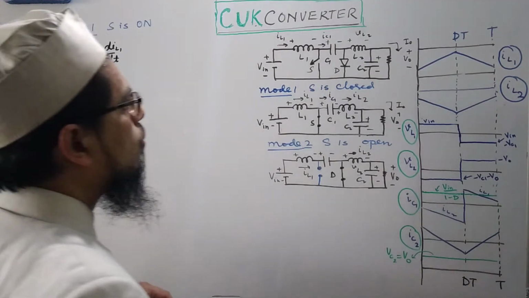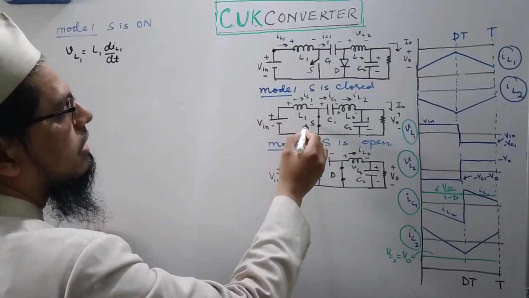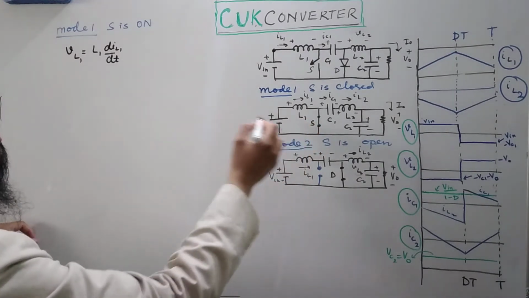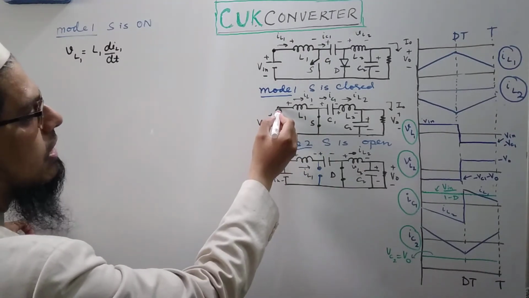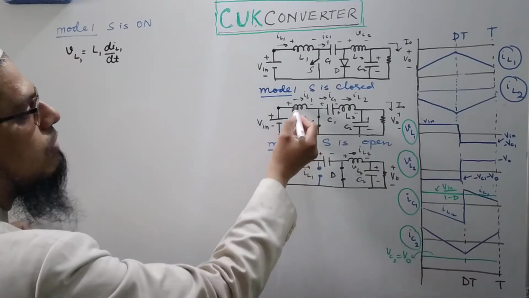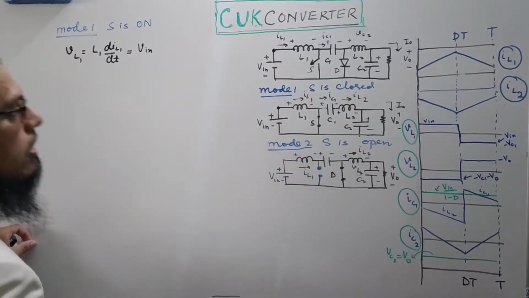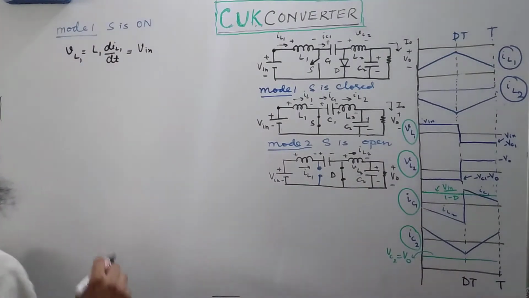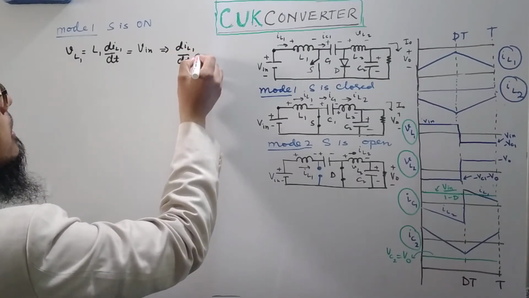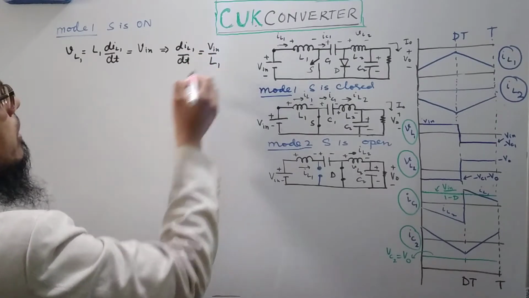Moreover, if I apply KVL in this loop in mode 1, I will get VL1 equal to Vin. You start from any point and go around the loop, and you will see that Vin and VL1 are equal. So this is equal to Vin, and Vin is a constant value. That means dIL1 by dt is equal to Vin by L1.